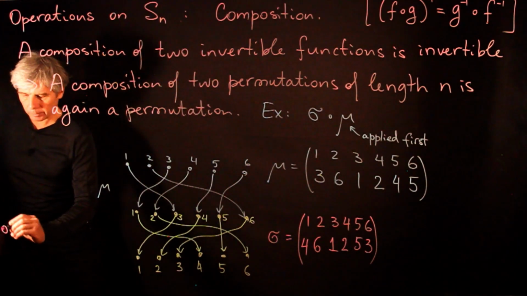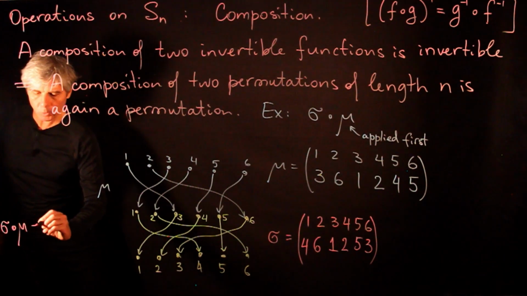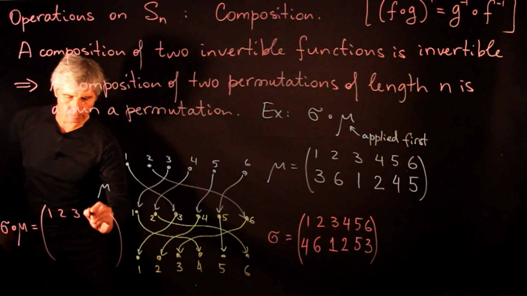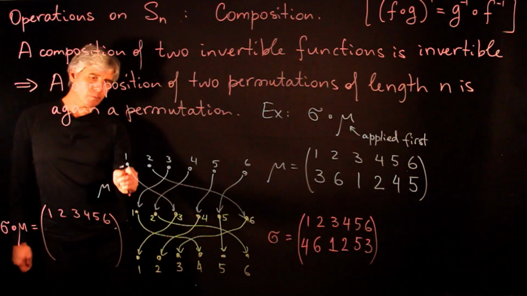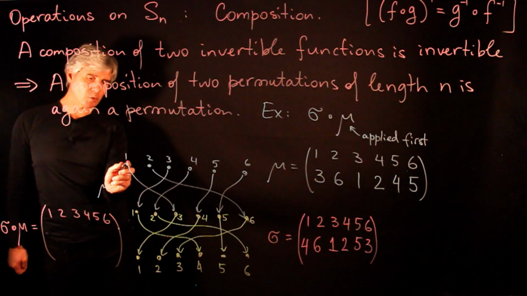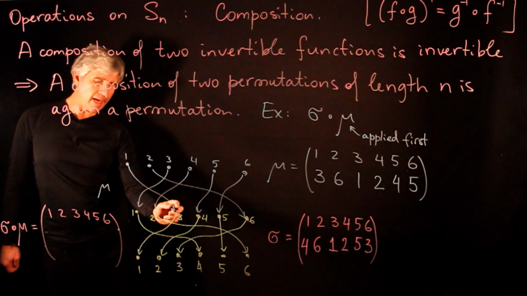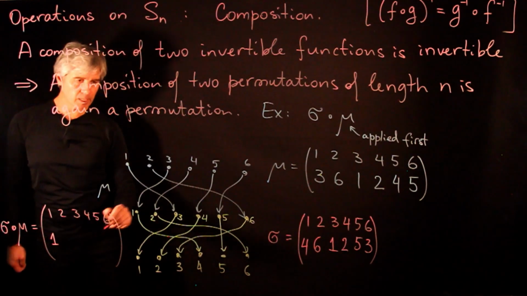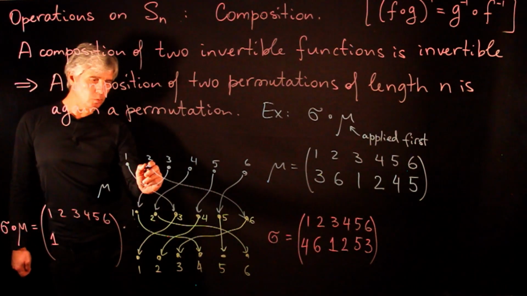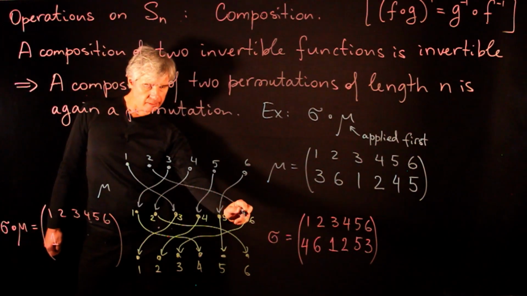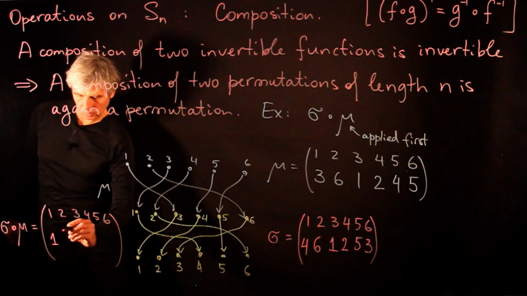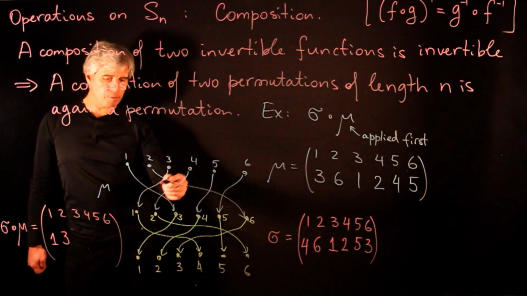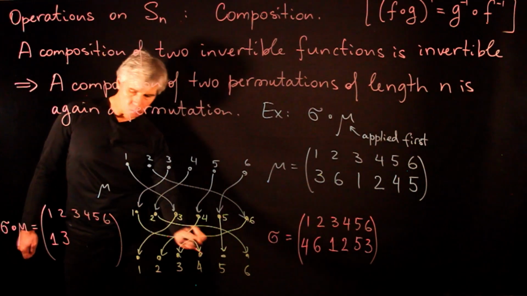And now, when we compute the composition sigma with mu, we just trace the arrows. So here we see, well, mu is applied first. So under mu, 1 goes to 3, and under sigma, 3 goes to 1. So 1 goes to 1. Under mu, 2 goes to 6, and under sigma, 6 goes to 3. So in the composition, 2 goes to 3. So under mu, 3 goes to 1, and then 1 goes to 4.